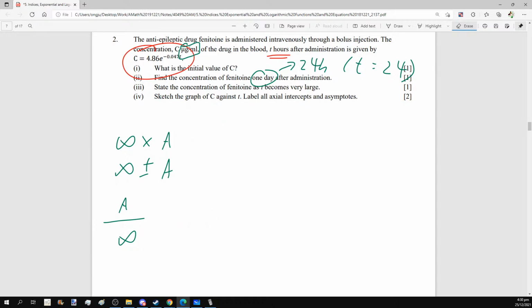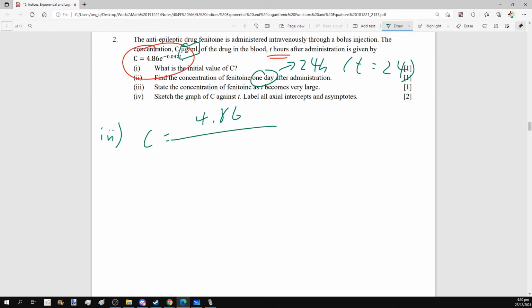Right, so to answer this question, it says state the concentration as t becomes very large. In this case, we will have 4.86 over e to the power of, let's see, 0.047t. Right, so I'll remove the negative on the exponent. From here, if t becomes very large, you can see that we have e to the power of 0.047 infinity, which will be 4.86.